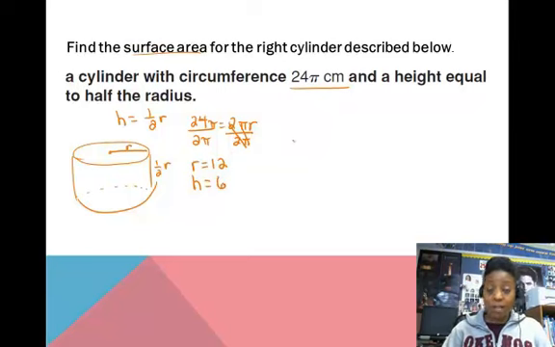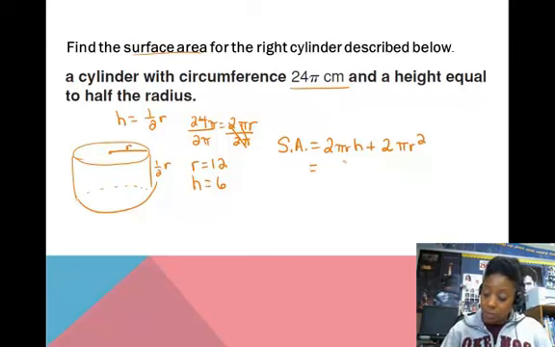And so then if we want to find the surface area, it is going to be equal to the lateral area, which is 2 pi rh, plus 2 times the base, pi r squared, or 2 times the area of the base. So 2 pi rh is going to be 24 pi times 6.